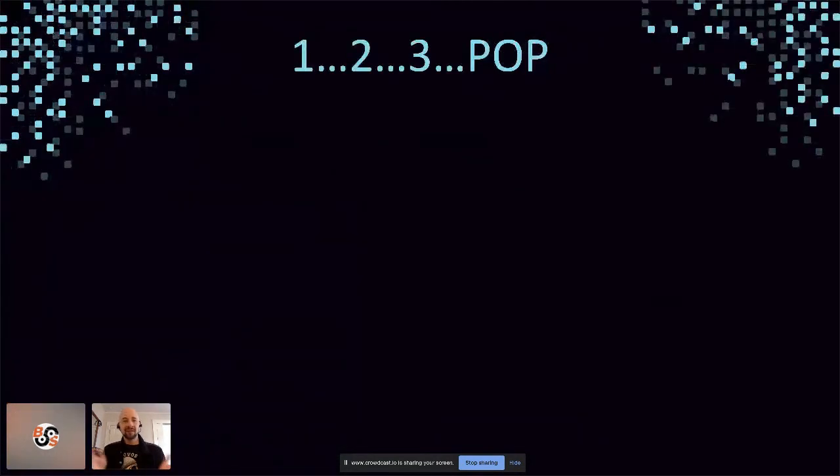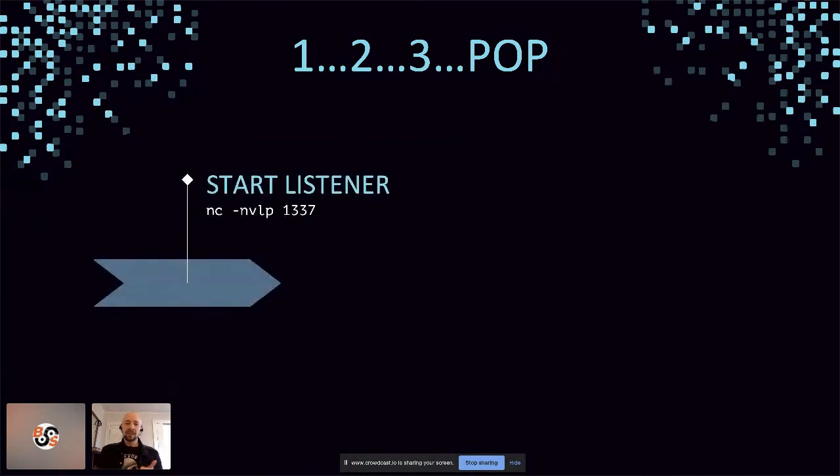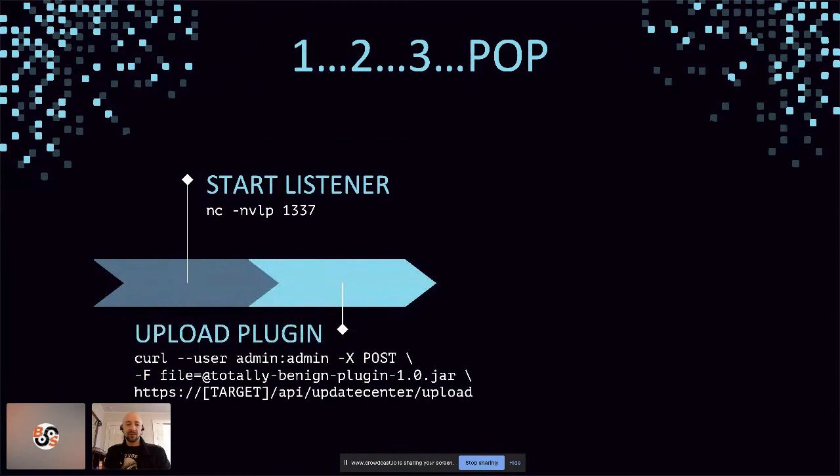All right, after you're done testing, we're ready to exploit. So first step is to fire up a netcat listener, then open up a second terminal, and you can use curl to send the plugin to the vulnerable API endpoint.